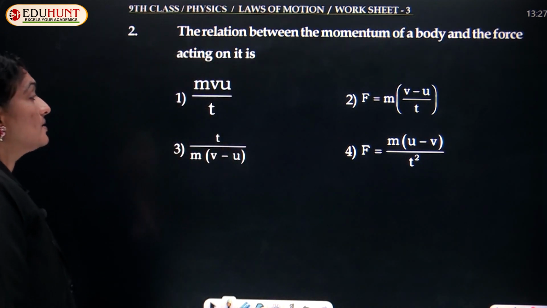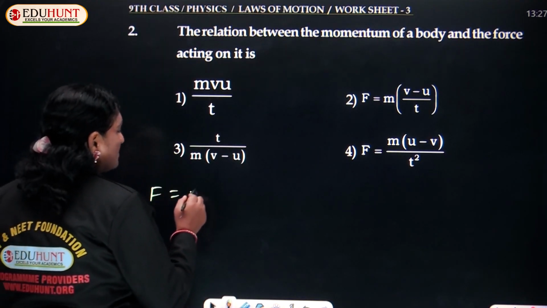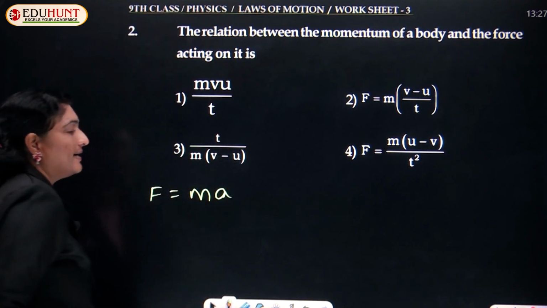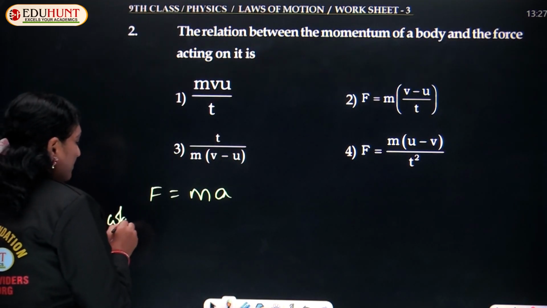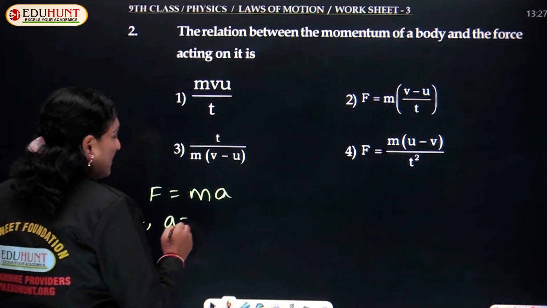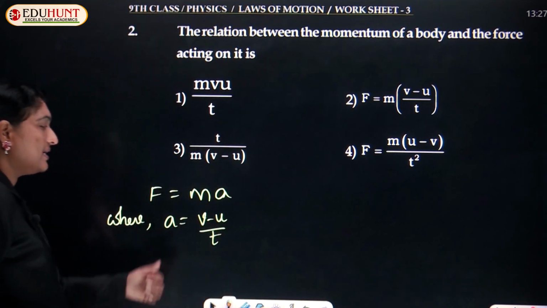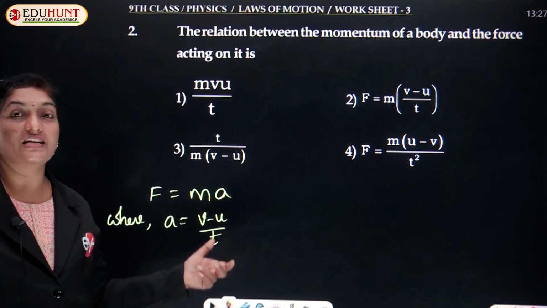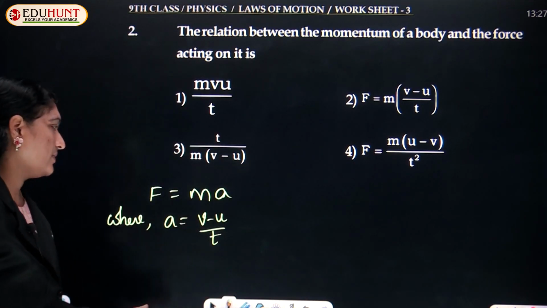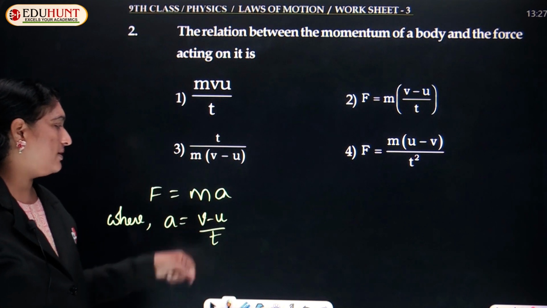Just now we have discussed that F is equal to ma, where the acceleration is defined as the rate of change of velocity, that is, change in velocity upon time. So change in velocity is v minus u by time.